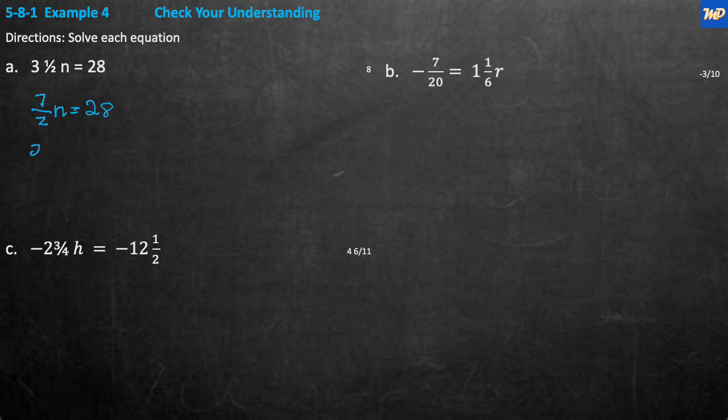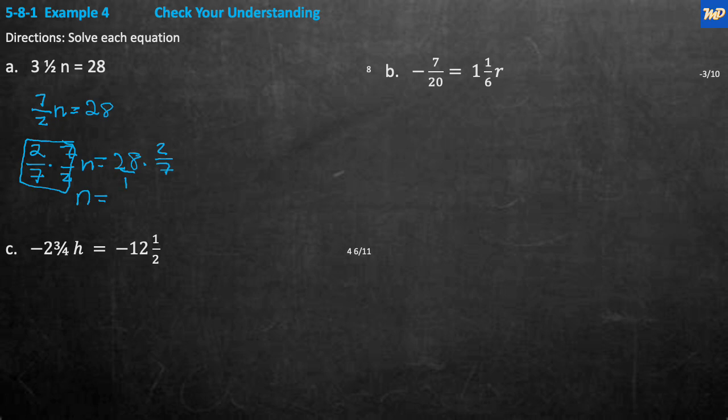So 2 sevenths times 7 halves n is equal to 28 times the same reciprocal, 2 sevenths. Now these cancel each other out and become a 1. So now we have n equals 28, which is, of course, 28 over 1.